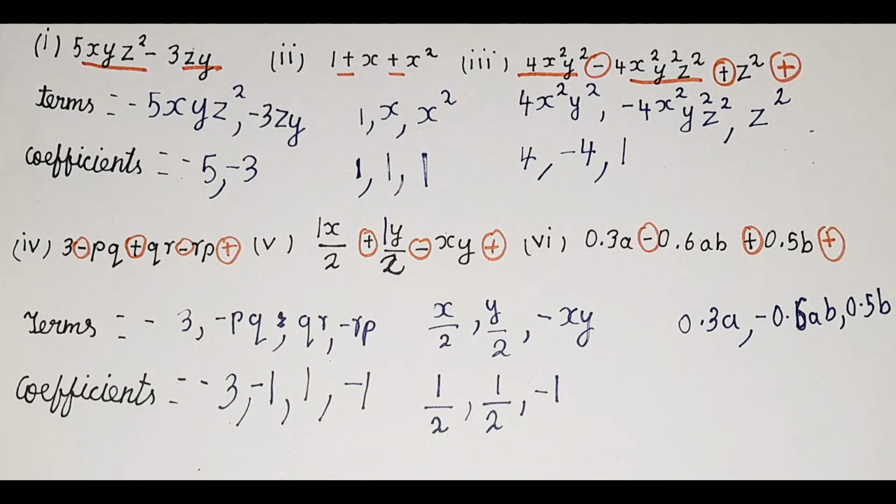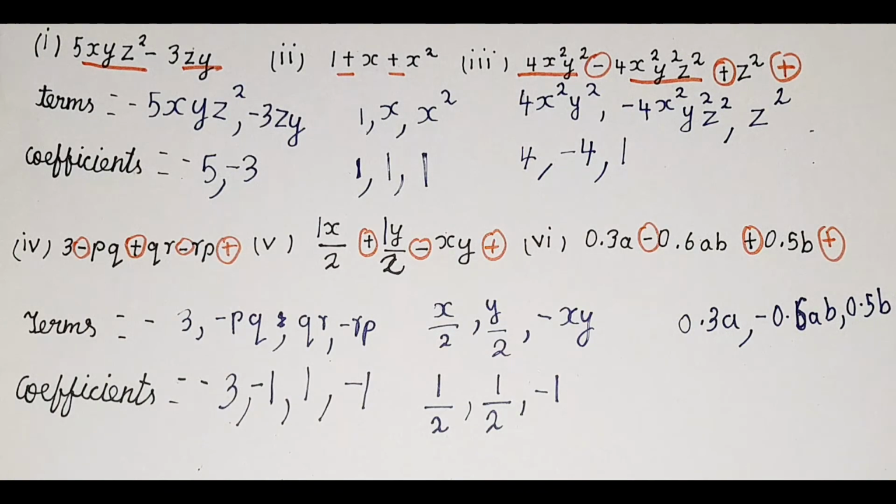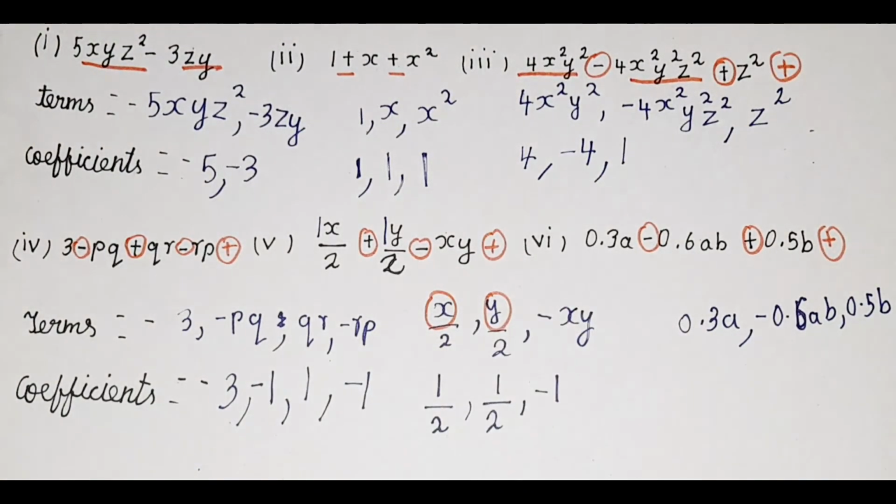So let me explain this again. So if there is x, it means 1x. You guys are clear with it, am I right? So 1x means 1 into x. So 1 into x is 1x. So again we will get the same answer. But just think, we should find the coefficient of the variable. Let me circle it. We should find the coefficient of these variables.